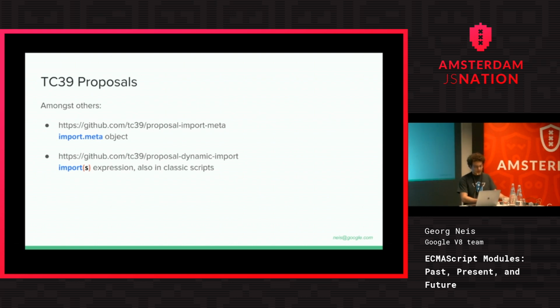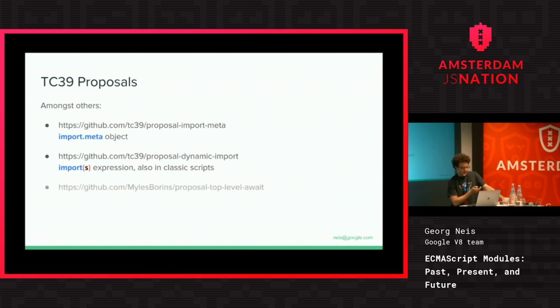So here the idea is that because it's dynamic, what you get back is a promise. And that promise gets resolved with the namespace object. Remember the import star? That's the namespace object. And this is something you can also use in classic scripts. So from classic scripts, you now have the possibility to trigger a module execution.